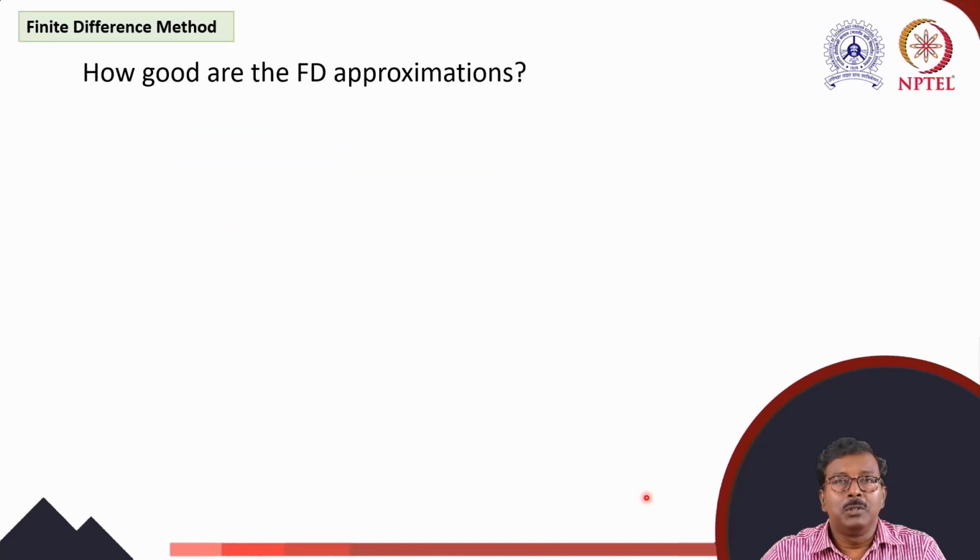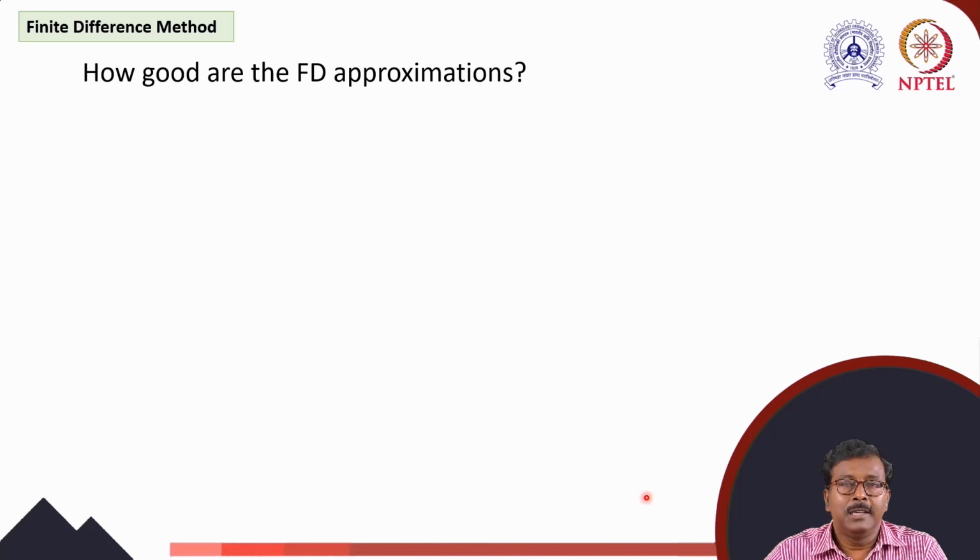Before going to the meshing structure, let us first discuss how good the finite difference approximations are. Because we have seen that the differentiation, say first order or second order differentiation, is based on some truncated Taylor series expansion of f of x plus delta x.